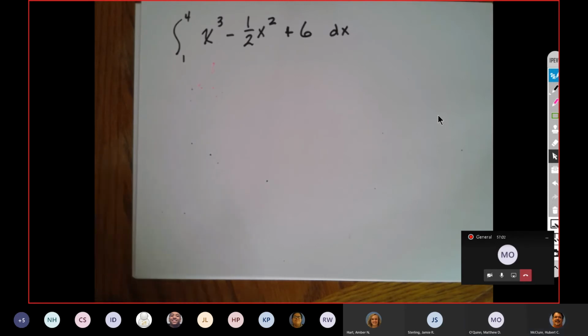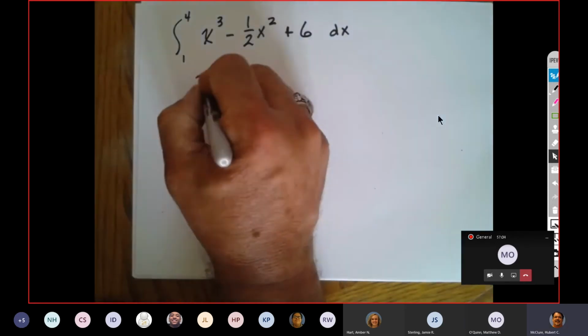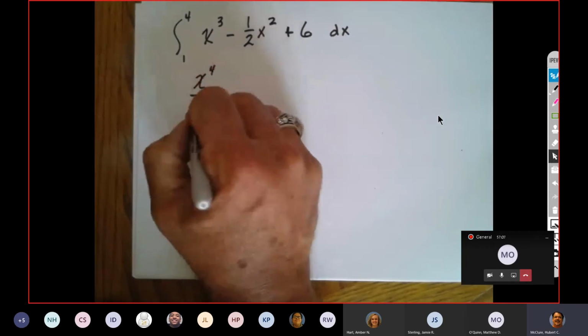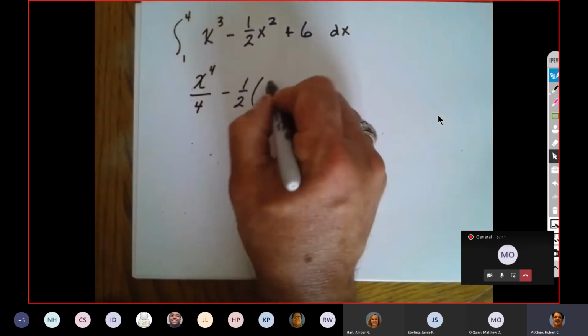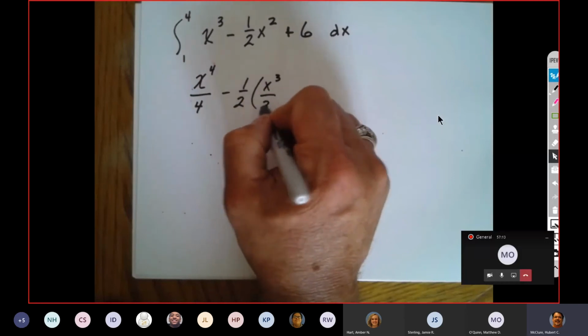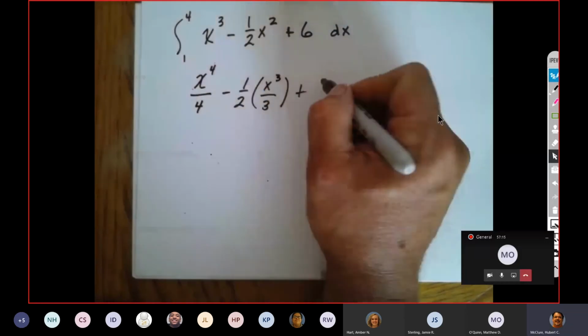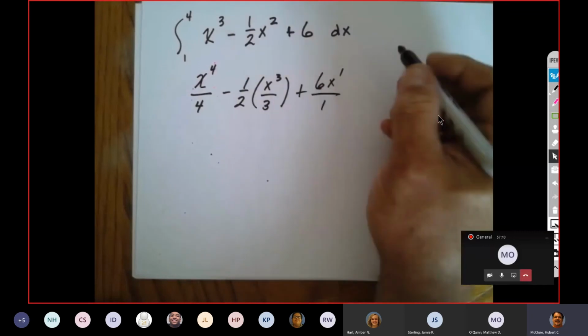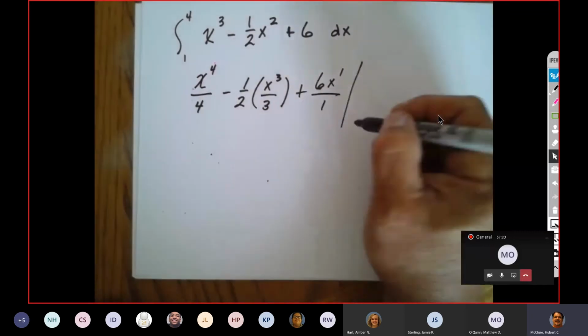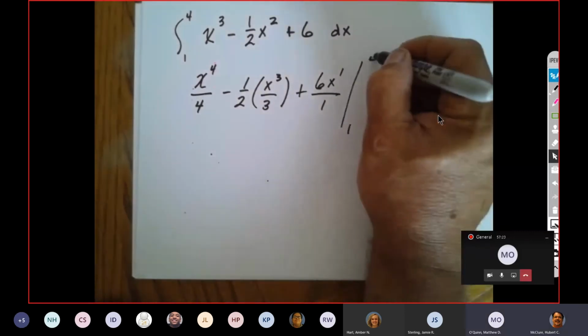So x to the fourth over 4 minus 1/2 times x to the third over 3 plus 6x to the first over 1, evaluated at 1 and 4.